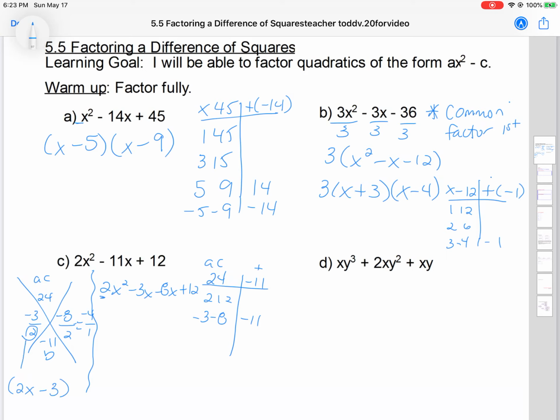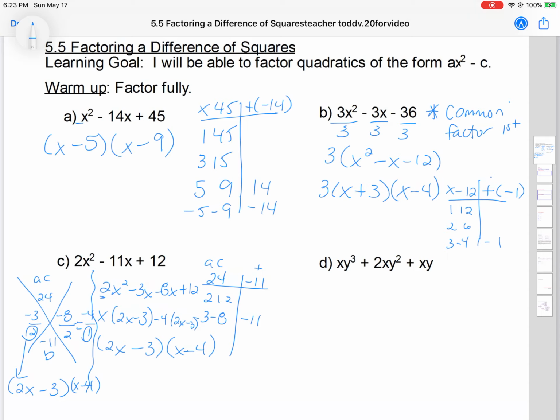The 2 goes first, 2x minus 3. And this one is just 1, x minus 4. With decomposition, the common factor in these ones is x, so you get x times 2x minus 3. And then over here, it's going to be negative 4 times 2x minus 3. So now our common factor is 2x minus 3, and then what's left over is x minus 4. So you get the same answer.